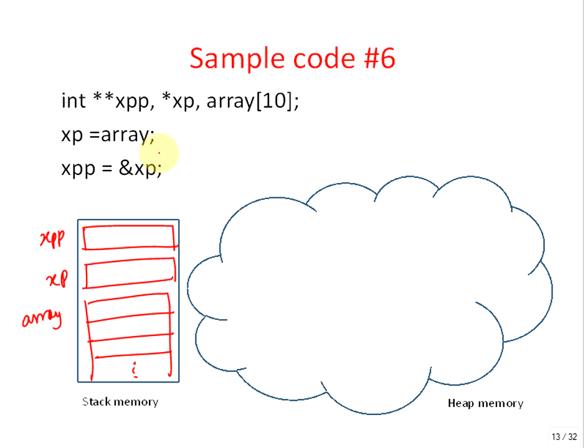Till now we used to say xp equal to address of x, but once it comes to arrays, array name alone is the address by itself. Okay, indicates the address. So you don't need to say address of array, rather you can do xp equal to array itself. However, there are equivalent ones. Either you can write like that, or you can write xp equal to address of array of 0. Both are the same thing.